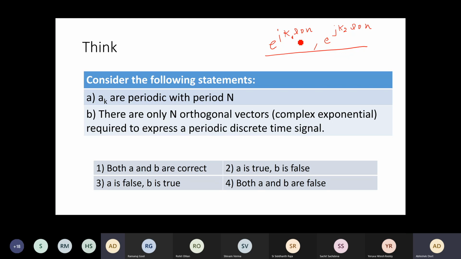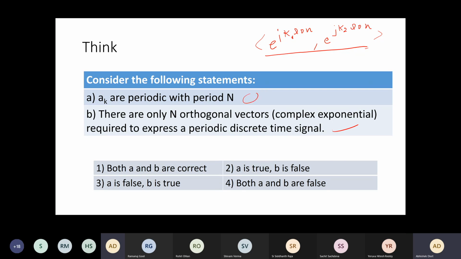Prove it. Assume k1 and k2 to be different integers. Prove that the inner product between these two signals in a period is 0. You can do this exercise. So we have already seen that this is true.